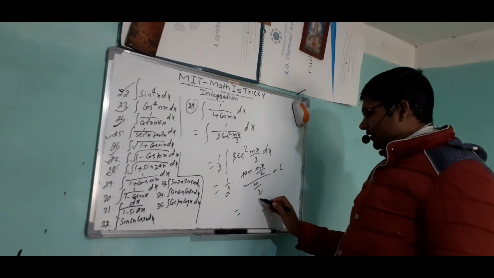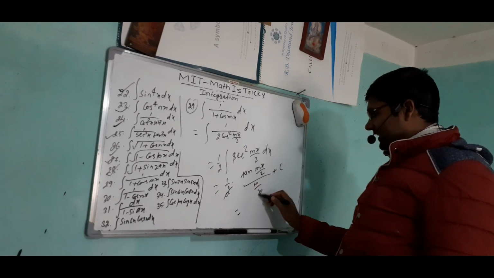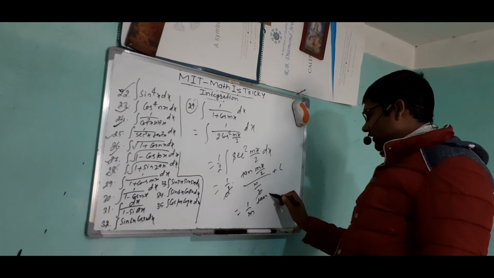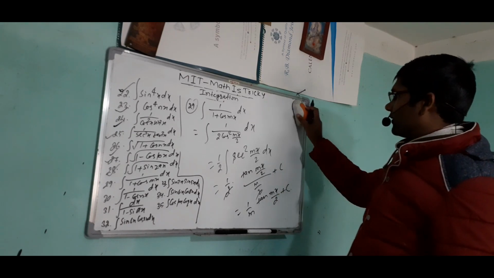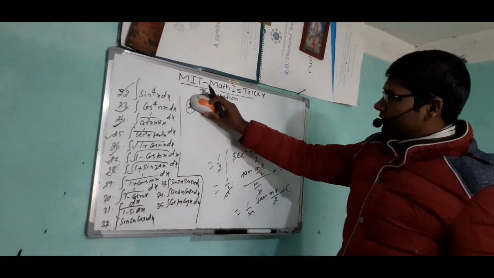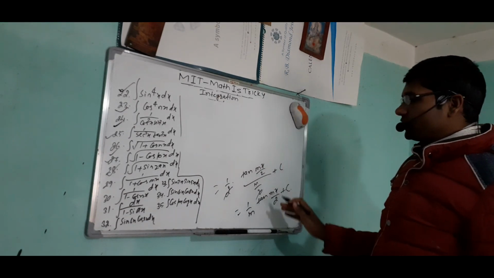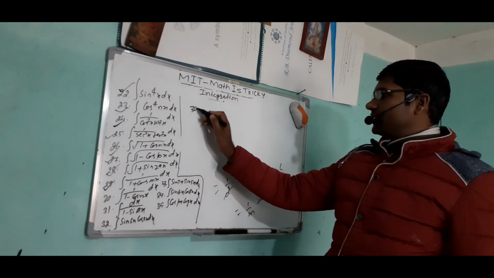So we can write 1 by 2 times 2 by m, so 2 and 2 cancel here, and it is 1 by m tan mx by 2 plus c. That's our answer. So my dear students, remember the formulas and use them properly, and you will get the correct answer. Number 30.